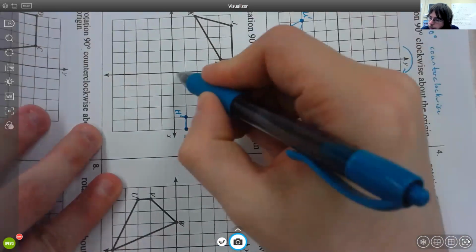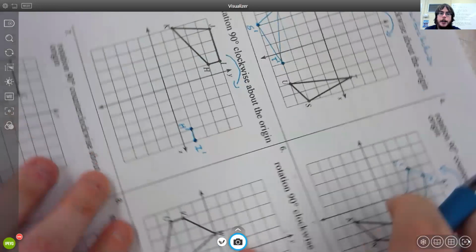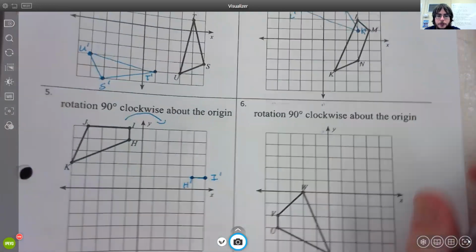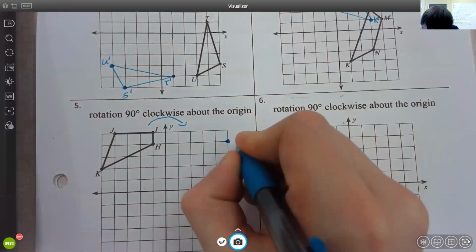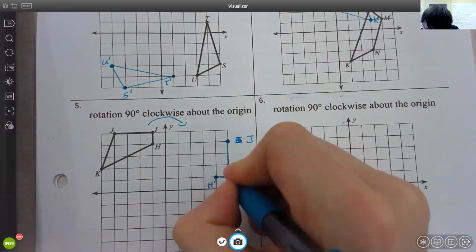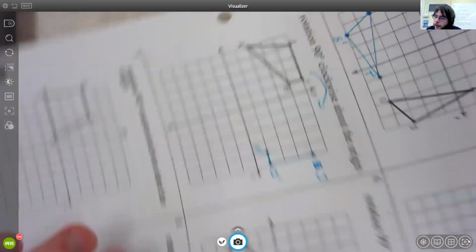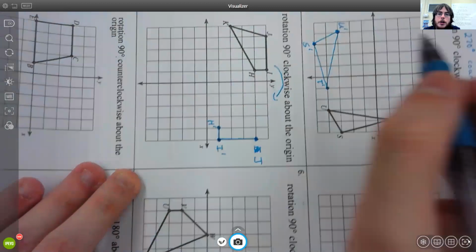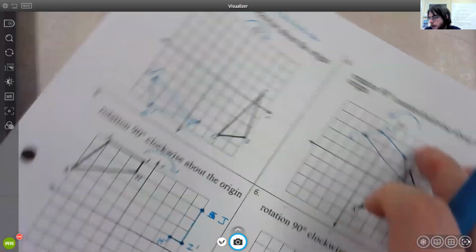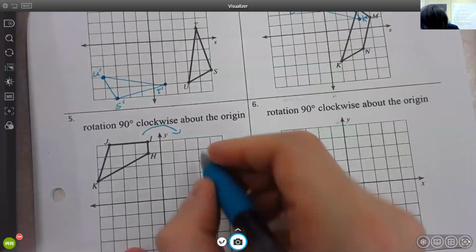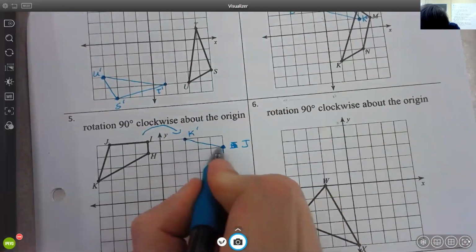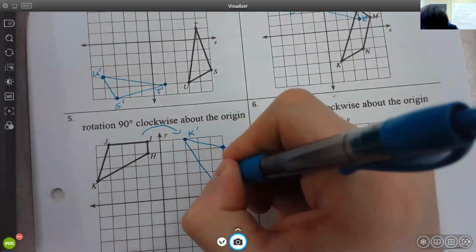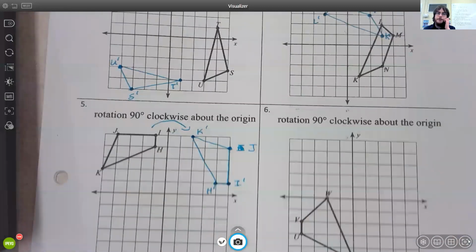Then J would be right 5, up 4. So 5, positive 4. And then K, we have to go right 2, up 5. So we get positive 2, positive 5 for K prime. And that would be our figure rotated 90 degrees clockwise.